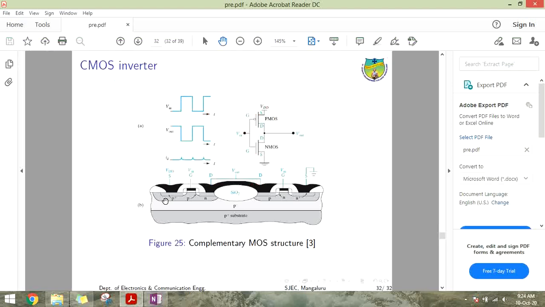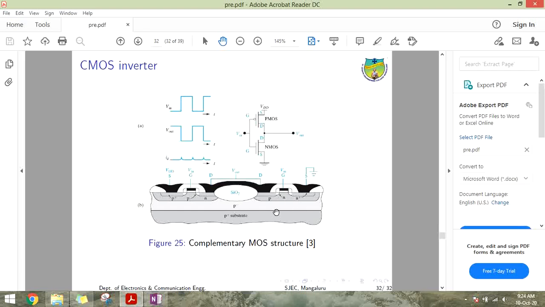Here you could see there are two transistors integrated on a single substrate: a PMOS transistor over here, and next a NMOS transistor. There is a single big substrate, and the transistors are integrated under certain biasing conditions. So here it is PNP, and over here it is NPN.